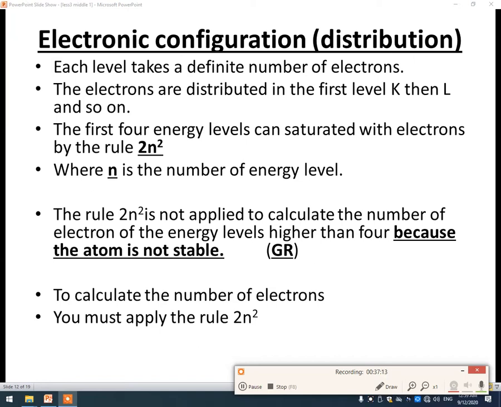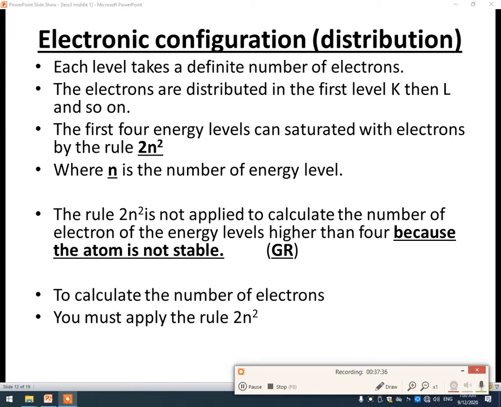How can we distribute these electrons? From my own mind, I will put 4 electrons in K, 8 electrons in L. No, we have a rule. But this rule can be applied only for the first energy levels.